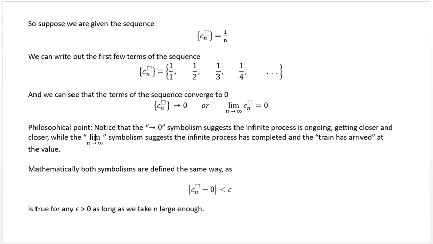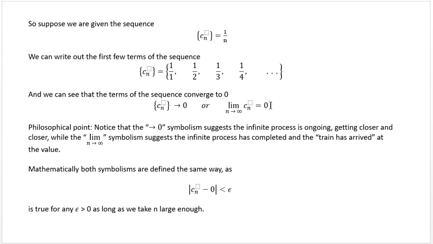By the way, here's a philosophical point. This symbolism seems to suggest that the process is ongoing, that we're still adding, let's say, 3's in that 0.33 example. And we're still striving to get there. This symbolism seems to say we've added all the 3's we need. We've added an infinite number of 3's, and the train has arrived at the station.